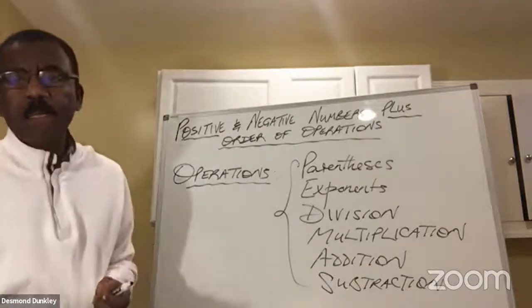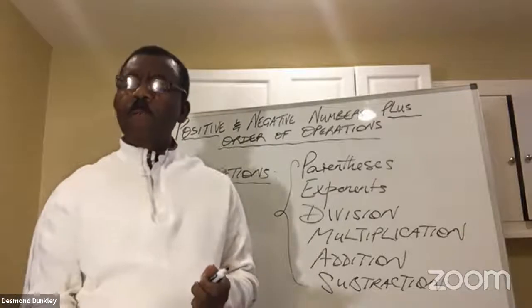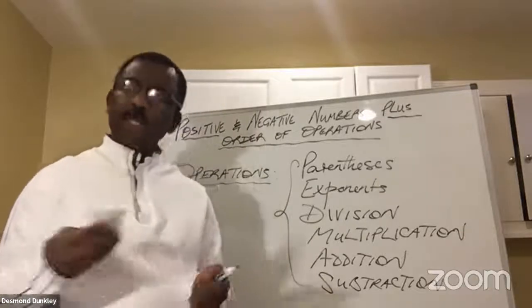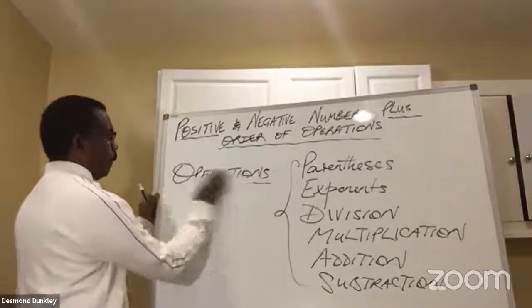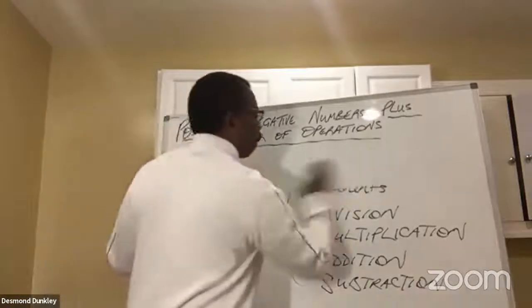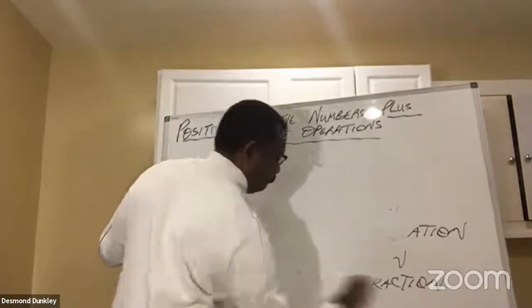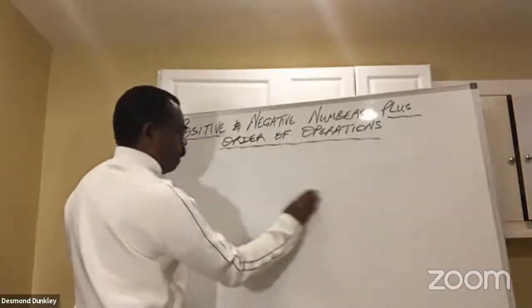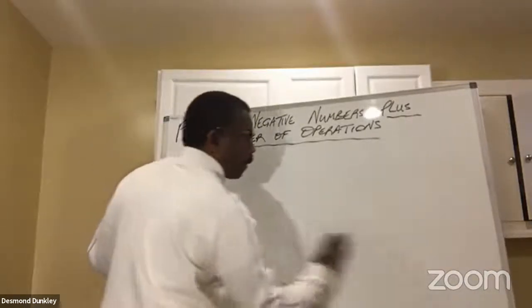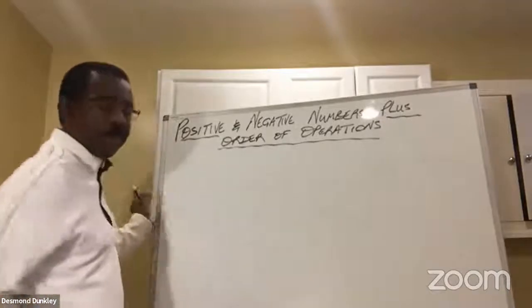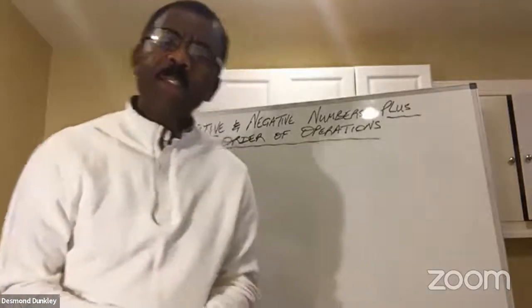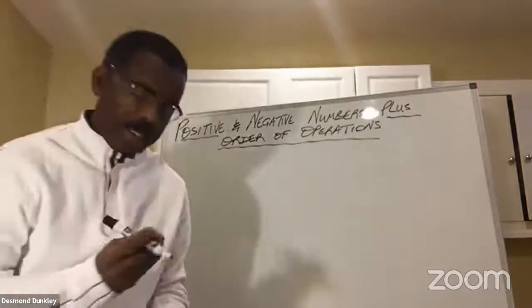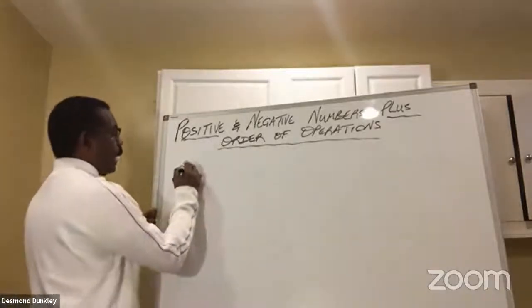And there is a mnemonic that we use to remember this, and I'll show it to you. You know, in life, we often use different things to remember different things. So this is one that is often used.